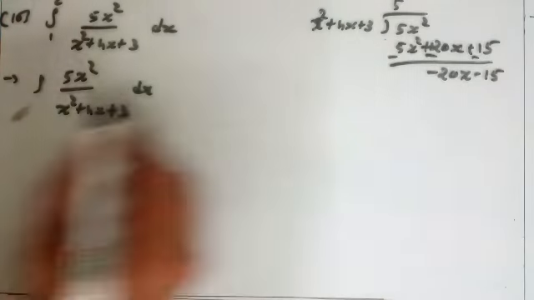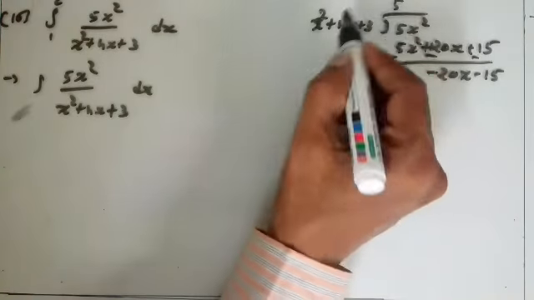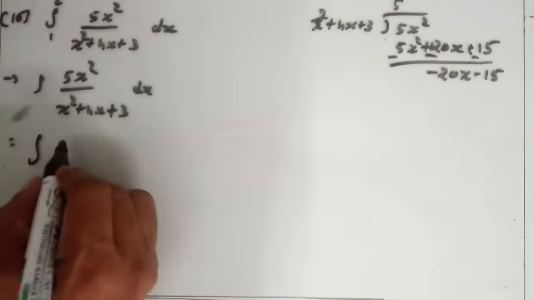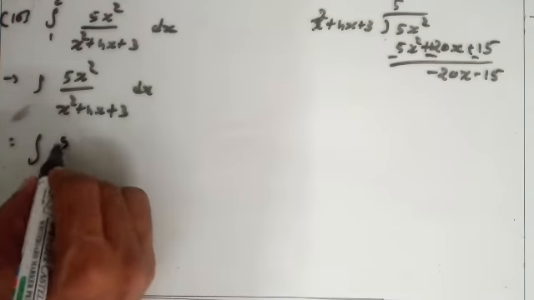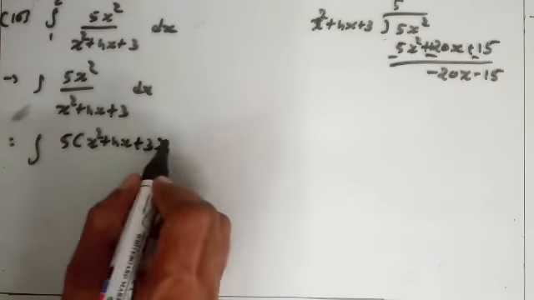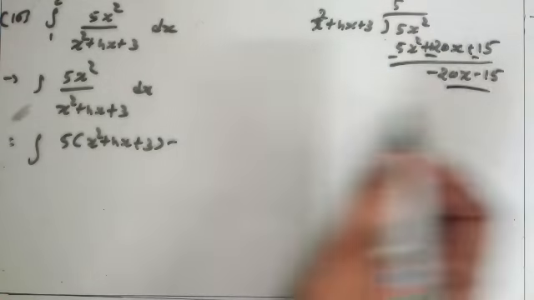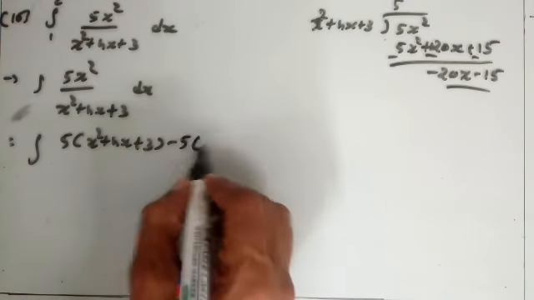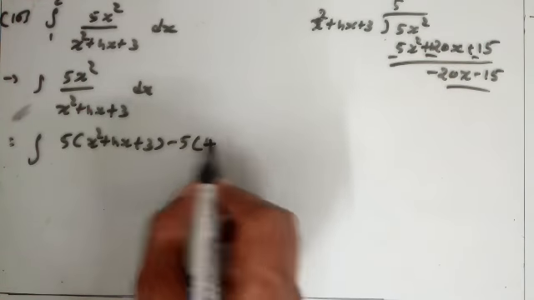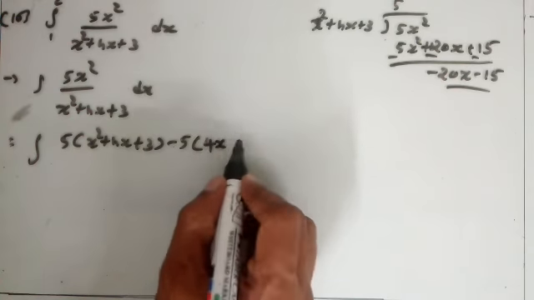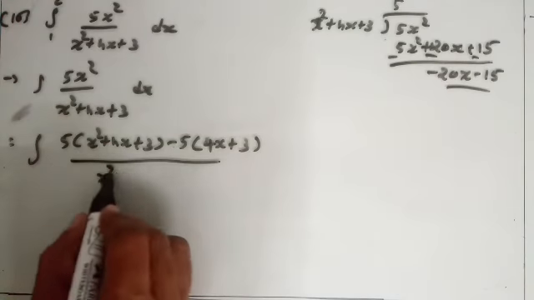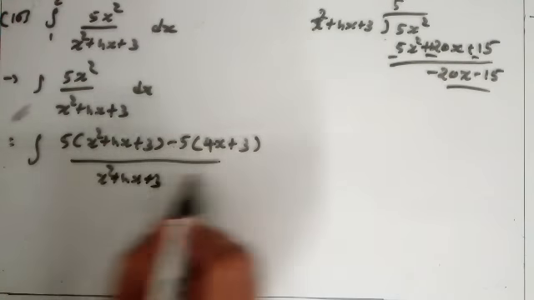So in place of pi x square, write the product of these two plus this remainder, so it becomes the integration of pi into x square plus 4x plus 3, minus, taking pi common, pi into 4x plus 3, upon x square plus 4x plus 3 dx.